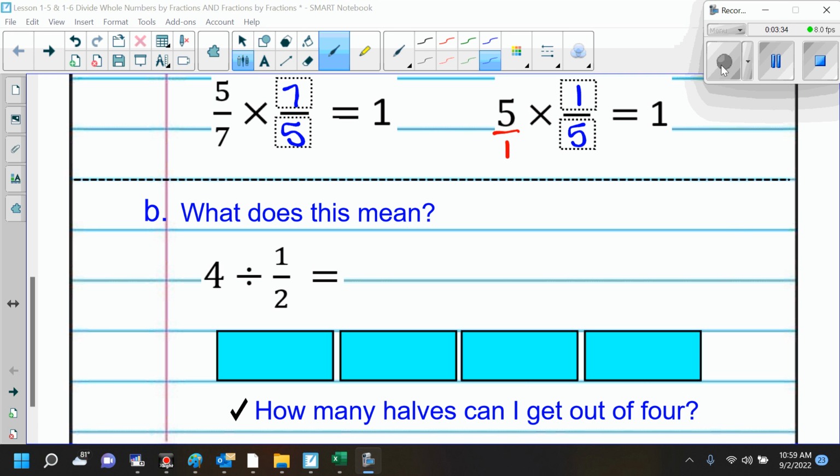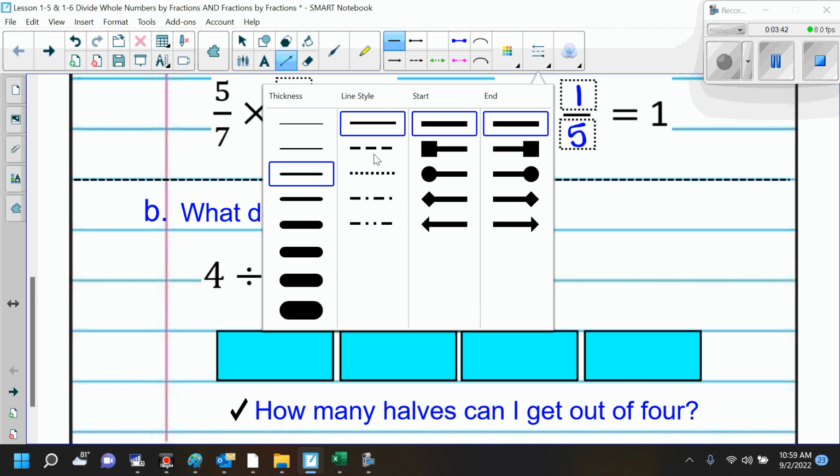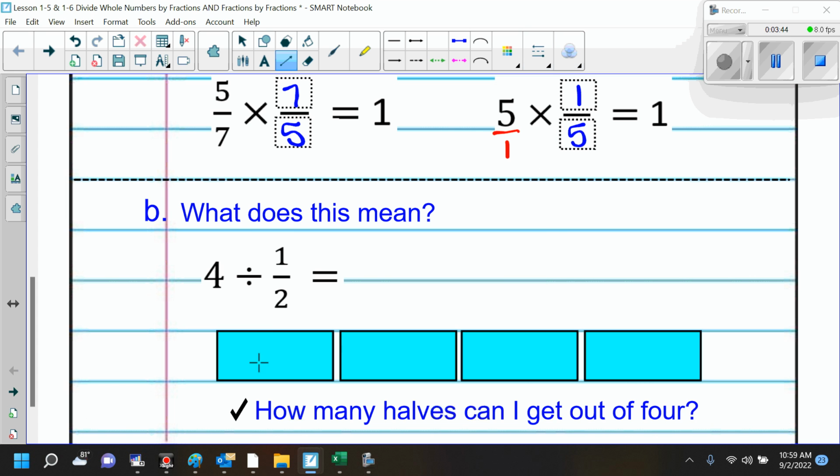So that's what that means. How many 1/2 pieces can I get out of 4 whole pieces? Let me show it using my dotted line here. You've got half, cut that into half, cut this into half, and this one, and this one.